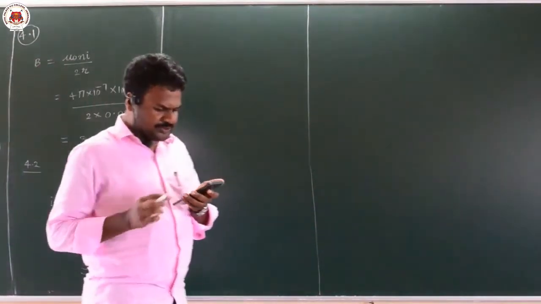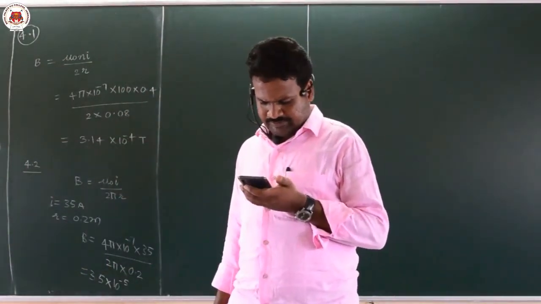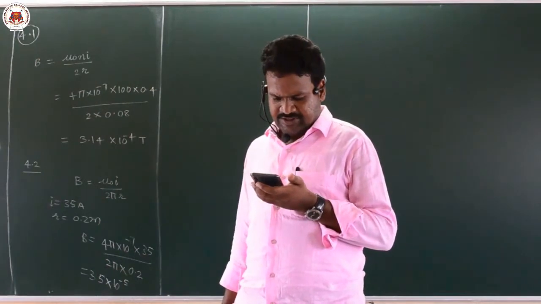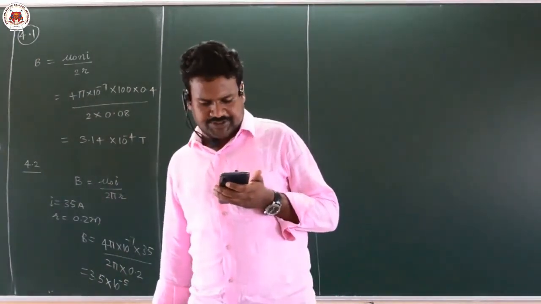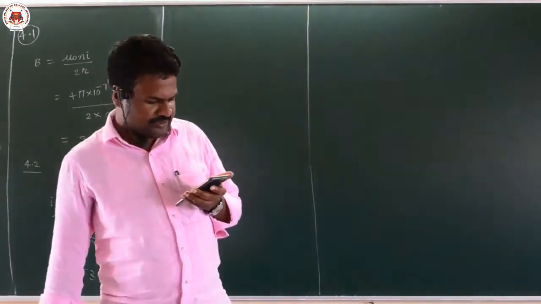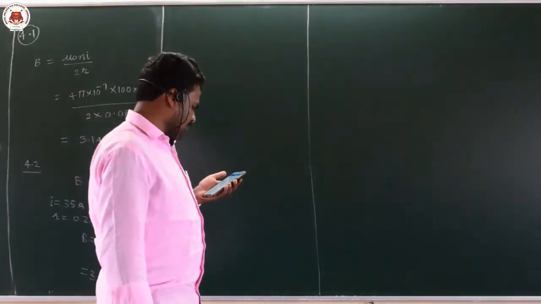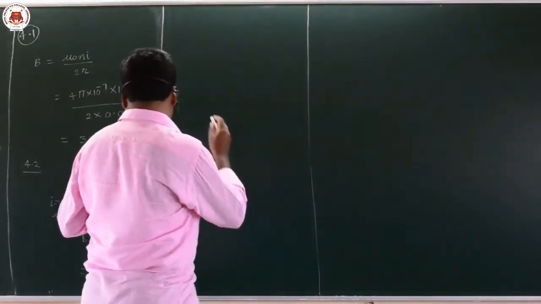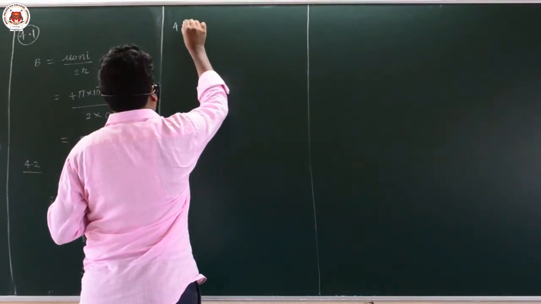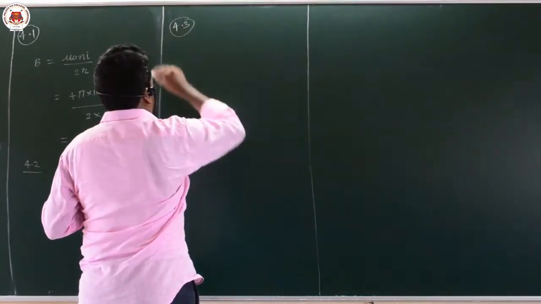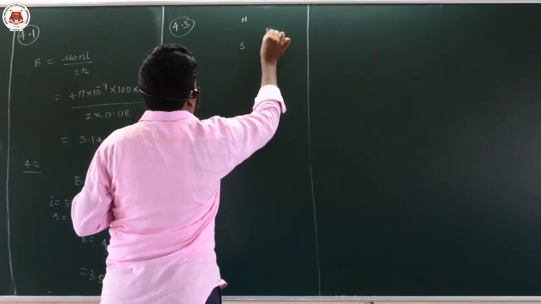Next, question number 4.3. A long straight wire carries a current of 50 amperes in north-south direction. Give the magnitude and direction of B at a point 2.5 meters east of the wire. See here, north, south, east, west.